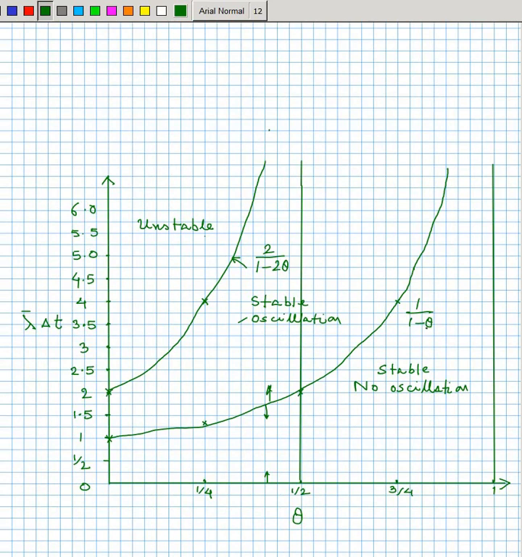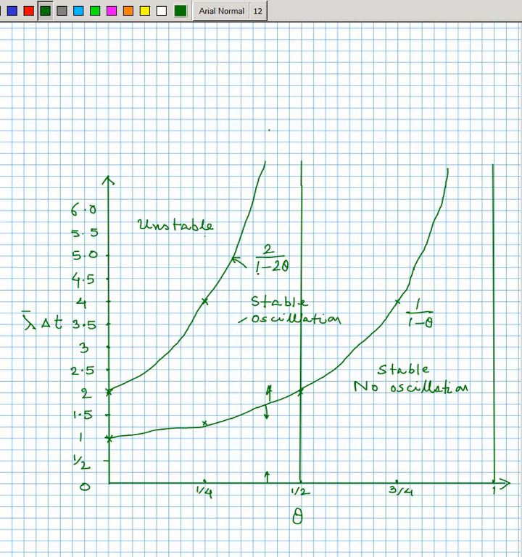So as you keep on increasing theta, you cannot increase it beyond 1 because then it will become negative. So you can increase it up to 1. Then if it is 1, it is infinite. So theta can go up to 1, and if you increase this theta, this goes on and comes closer and closer to this line.